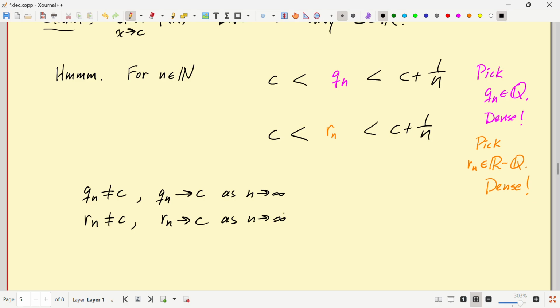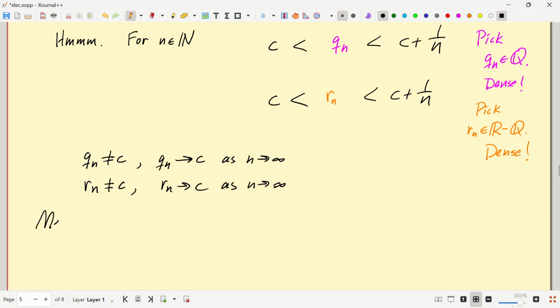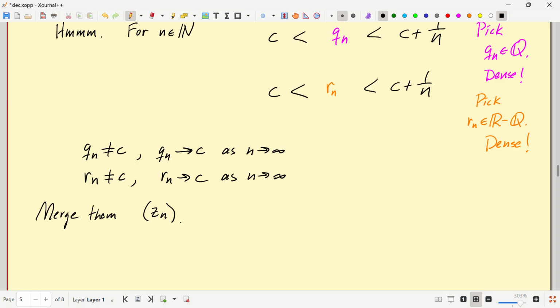Now I can merge those two. Actually, this merging trick is so simple and obvious that I could make a new divergence criterion. If I find subsequences that converge to two different things, the sequence diverges.